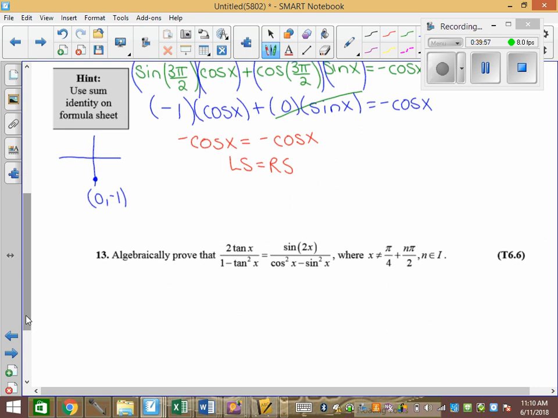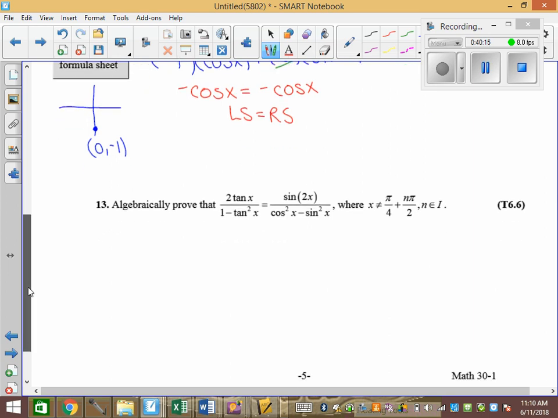What about this one? 2 tan x divided by 1 minus tan squared x equals sine 2x over cos squared x minus sine squared x. So the tan x you could change. I'm going to change this one and this one.